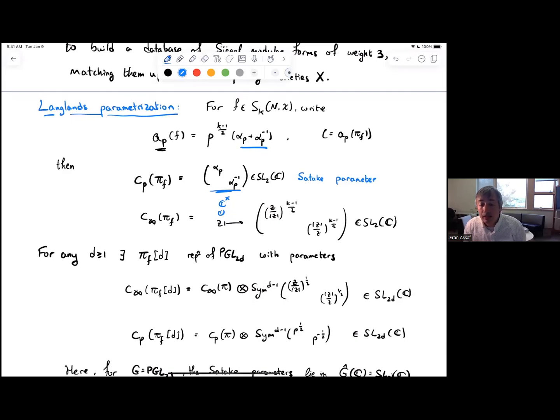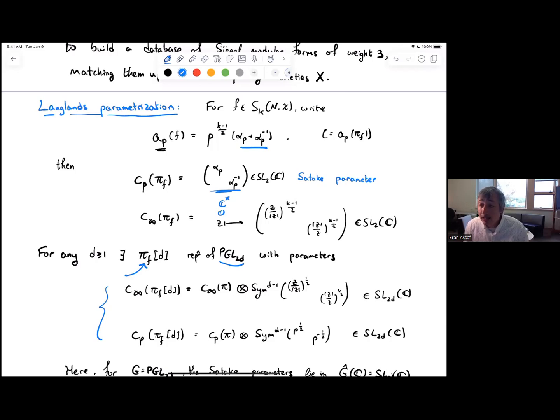Now, these Satake parameters give us a way to classify these automorphic representations over PGL2, but also over larger groups like PGLN in general. And we can construct a set of Satake parameters that gives rise to an automorphic representation of a larger group from PGL2.